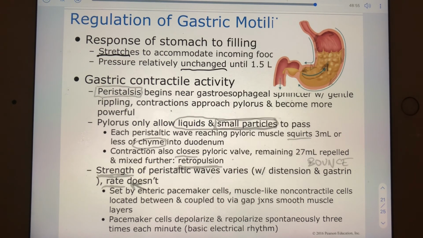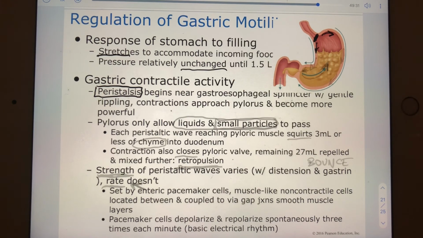And we move foodstuffs around in the stomach in response to that pressure change, using peristalsis that begins near the cardia of the stomach, so near the gastroesophageal sphincter, and at that end of the stomach, this peristalsis is really, really gentle. So we're just getting gentle ebbs, gentle rippling, okay?